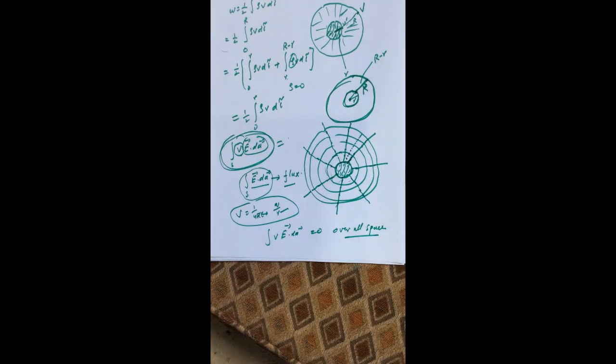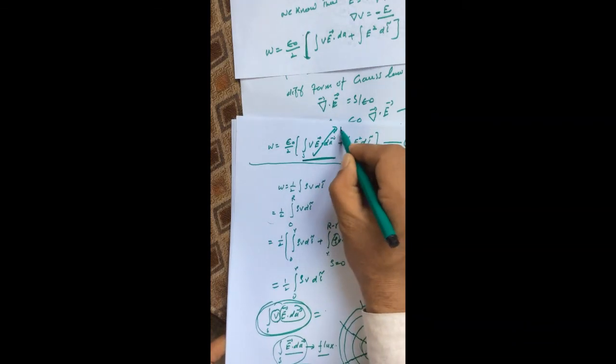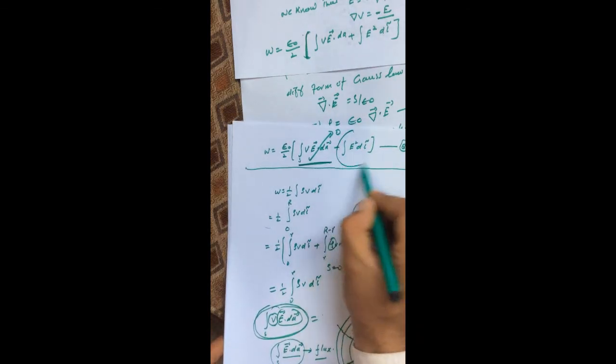By overall space, I mean the volume of all space, like the volume of the space around us. Then this term will become 0, and the first term is gone. So we are left only with this term.